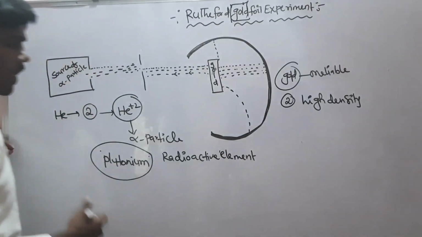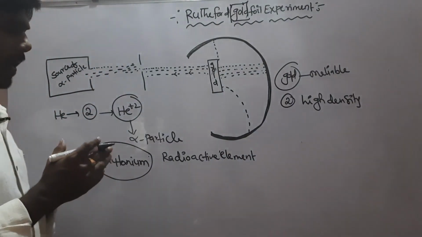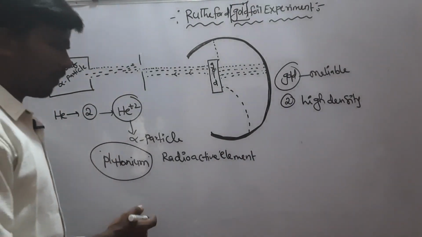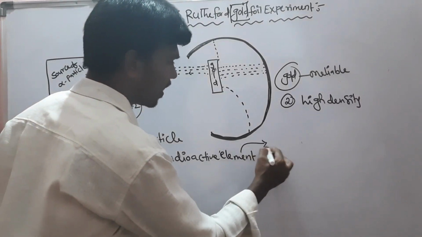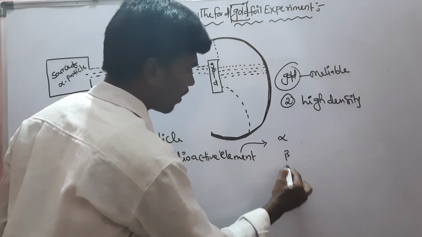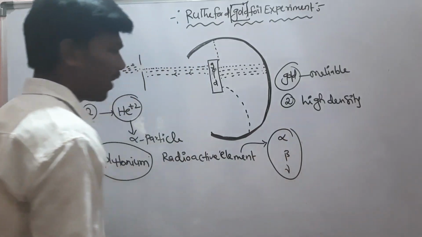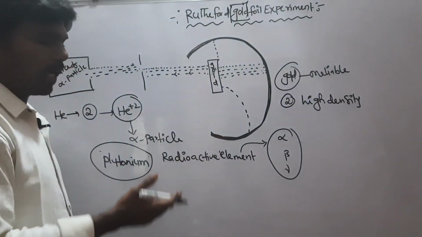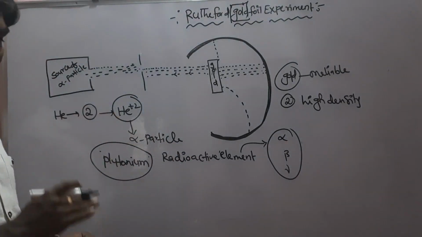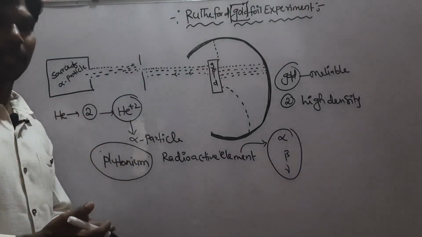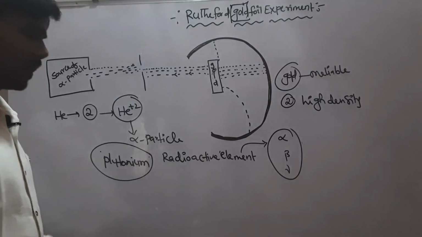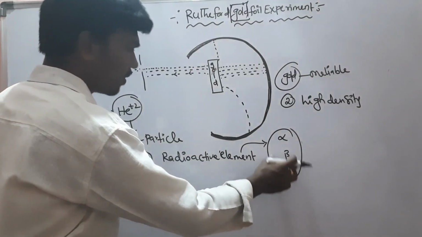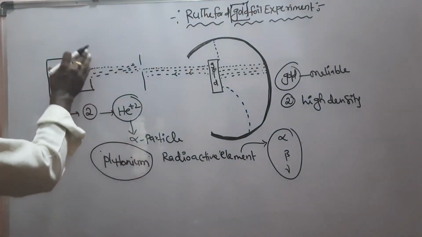These radioactive elements are unstable, so they release alpha, beta, gamma radioactive decays and their mass is reduced. They change from one element to another element. Because they are unstable, they release alpha particles, so we are choosing plutonium metal as the source.